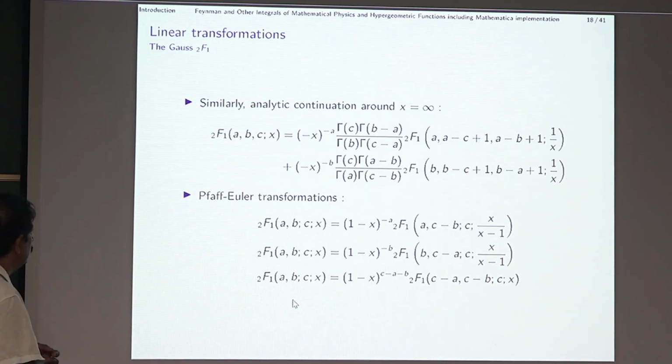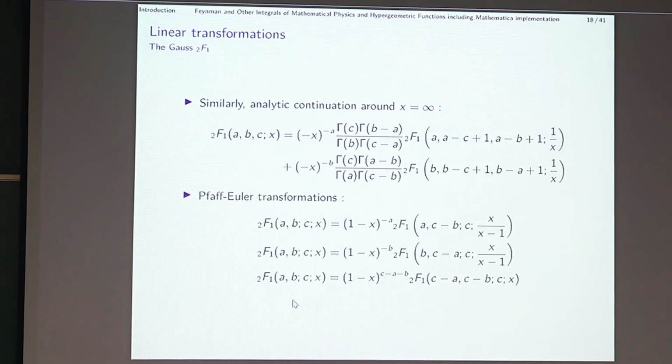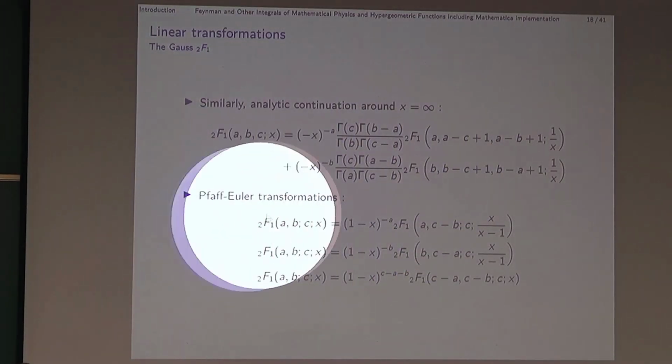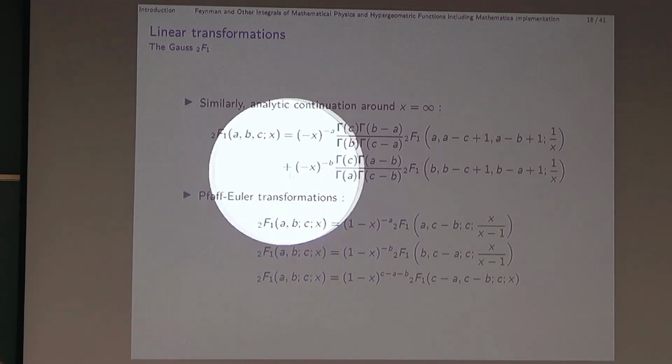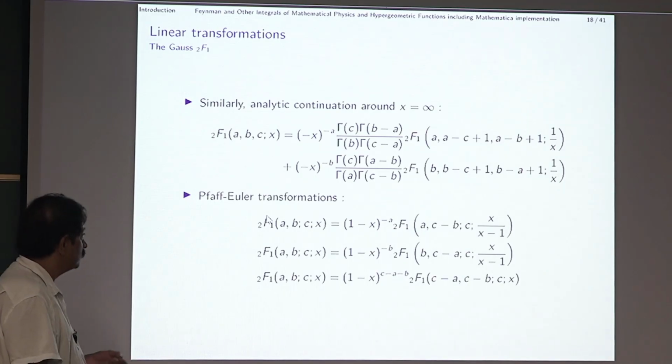But before that, we also had to deal with various analytic continuations, and there's a whole science behind doing analytic continuations, and typically they're all named after various Germans and Swiss and so on. So Euler-Pfaff transformations, which are known for the 2F1s, or the Gauss hypergeometric function itself.